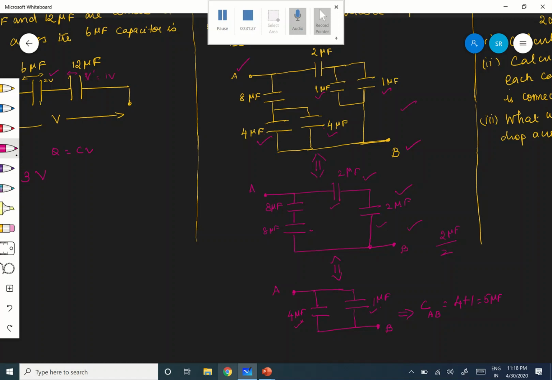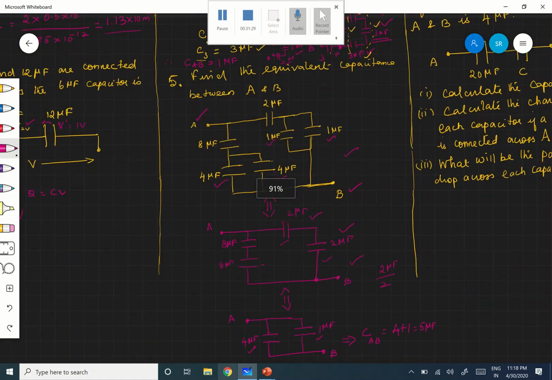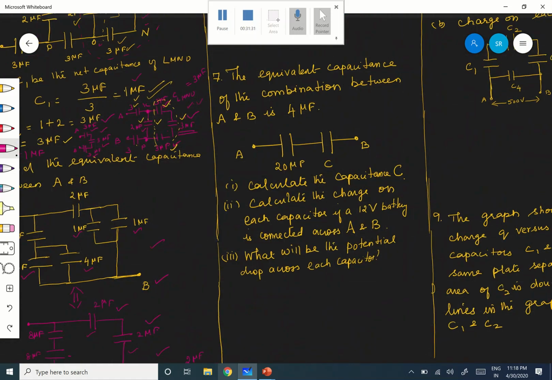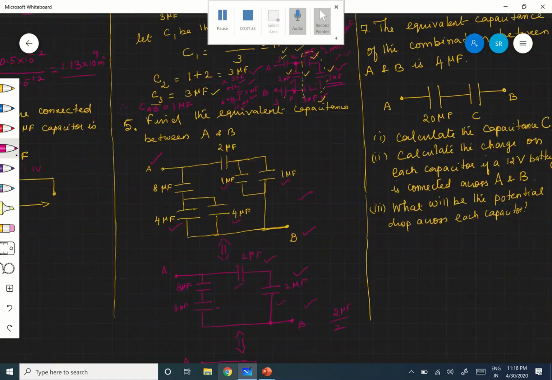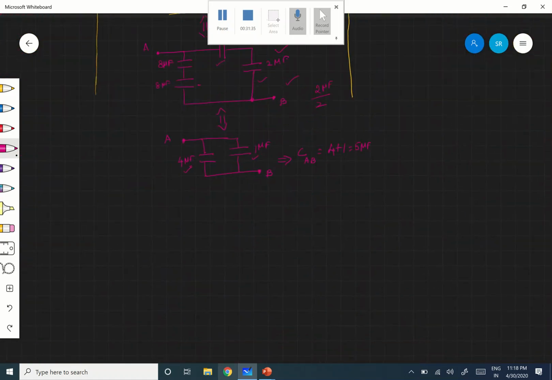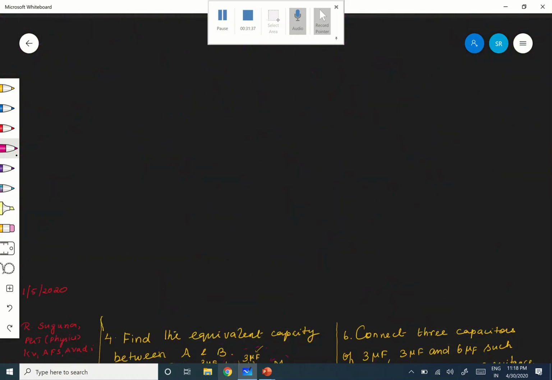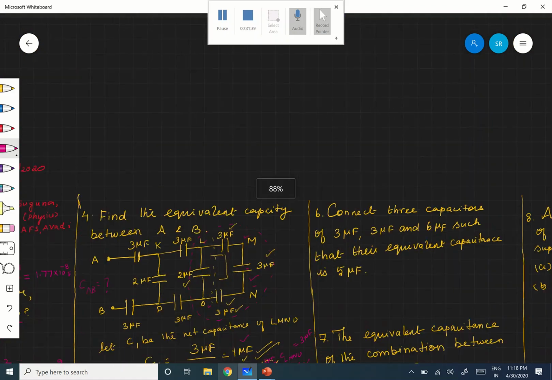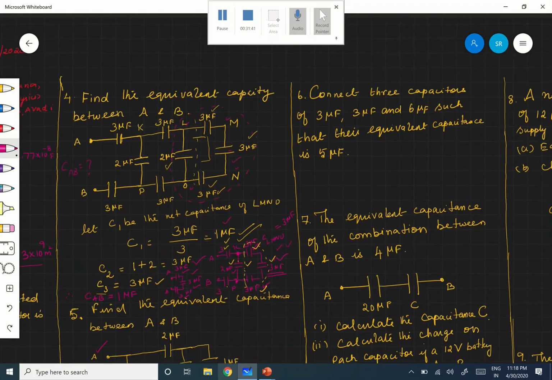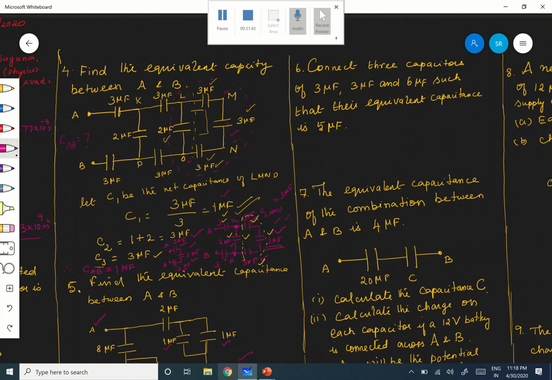Next one is, you see, fifth, sixth problem. Connect the 3 capacitors of 3 microfarad, 3 microfarad and 6 microfarad.